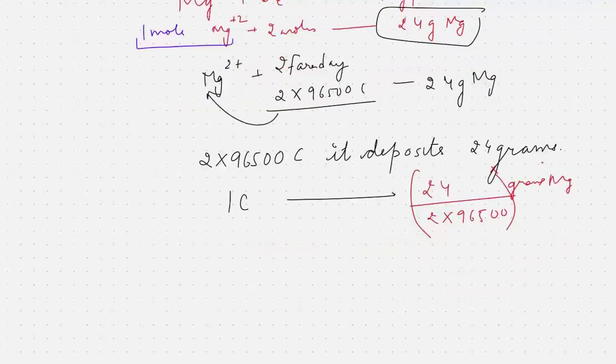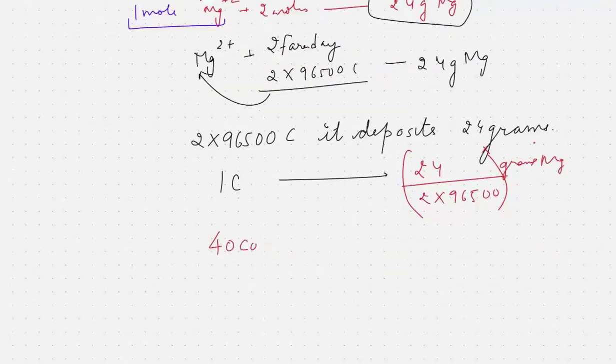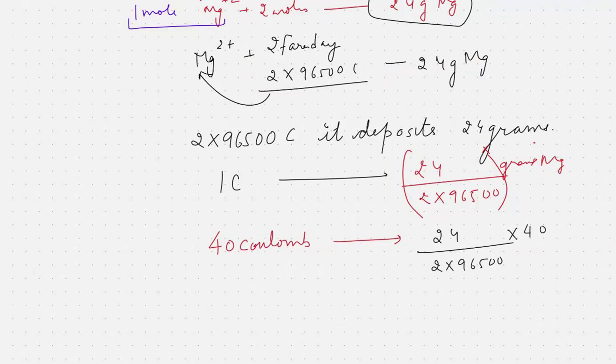But how much charge have we passed through? 40 coulombs of charge we have passed through from the battery. So that is going to be 24 divided by 2 into 96500, into 40. So then you solve.